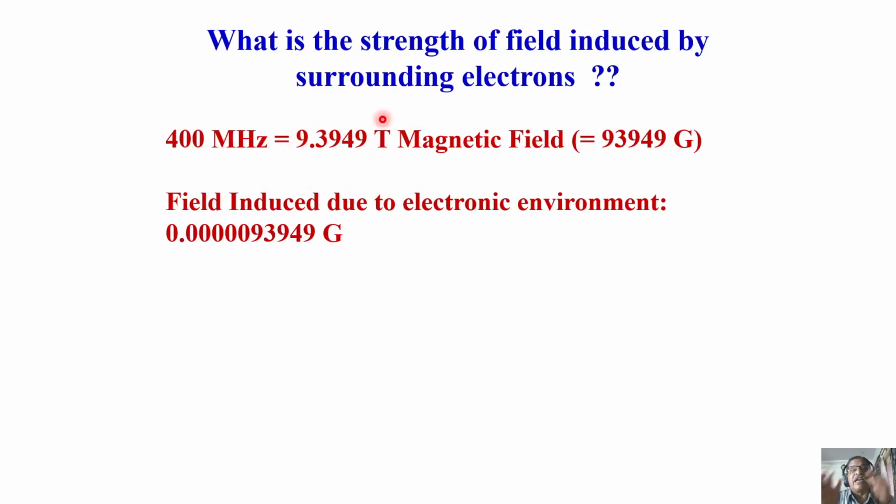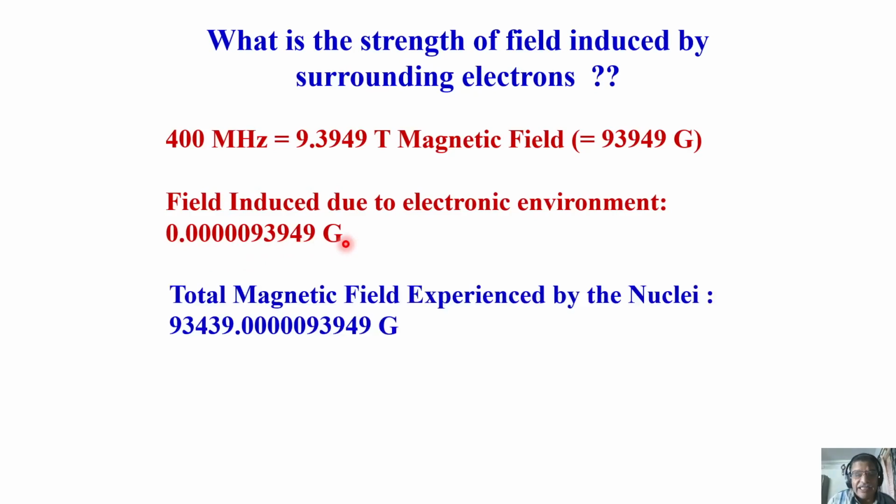You know 1 Tesla is 10 to the power of 4 Gauss. When expressed in Gauss, it is 93,949 Gauss. But you can calculate the field induced. You know how much the field induced is? It is 0.00005 with zeros after the decimal, 93949 Gauss. Very, very small. Negligibly small.